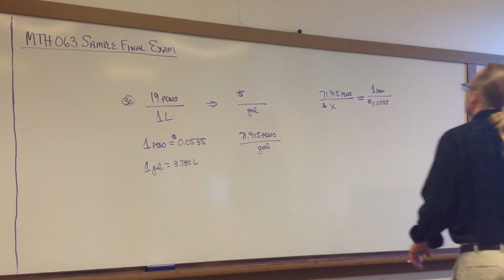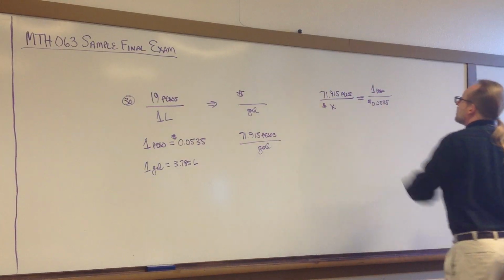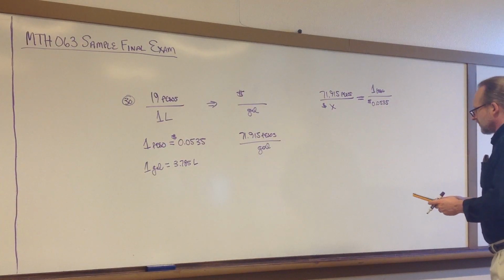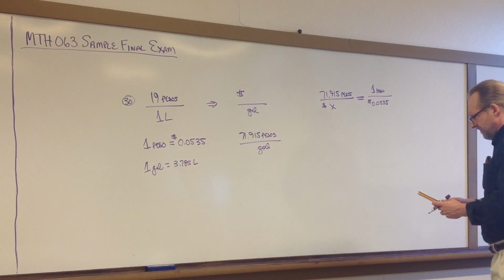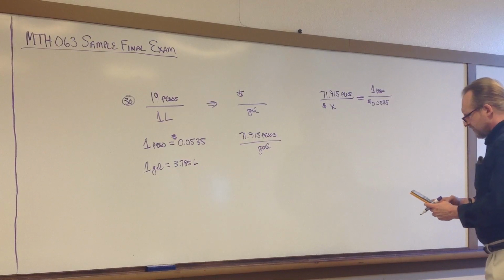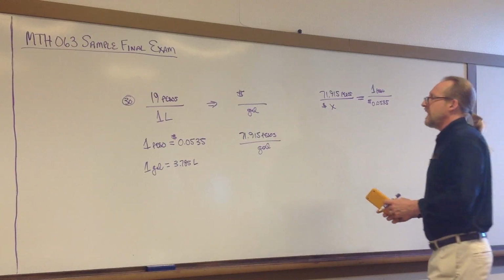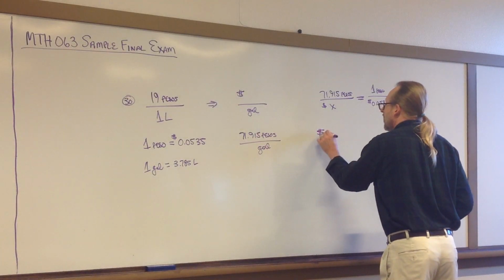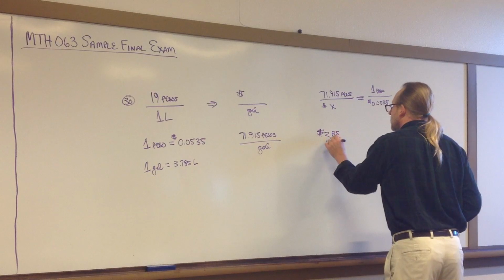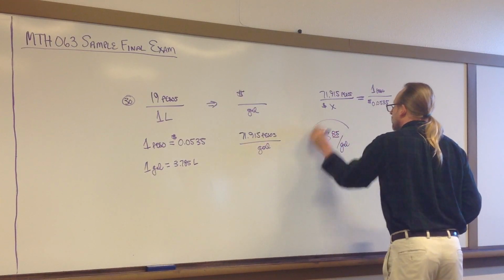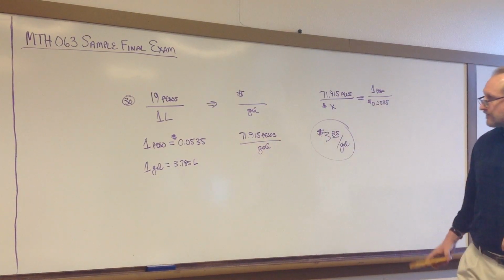Okay. So what do we have to do here? 71.915 times 0.0535 equals $3 and we'll call it 85 cents. $3.85 per gallon. There we go.